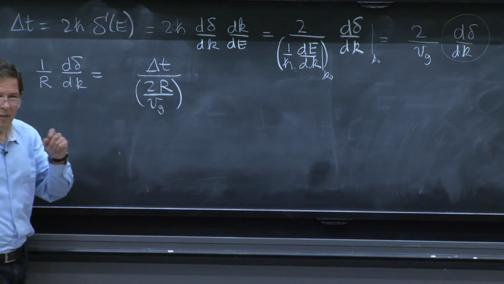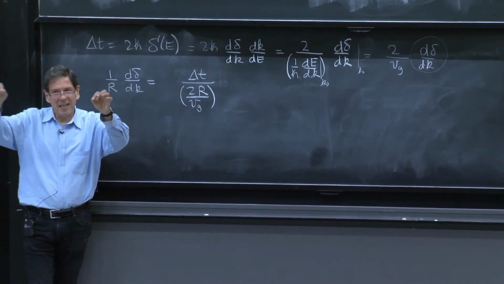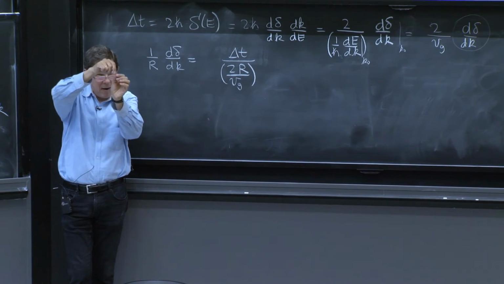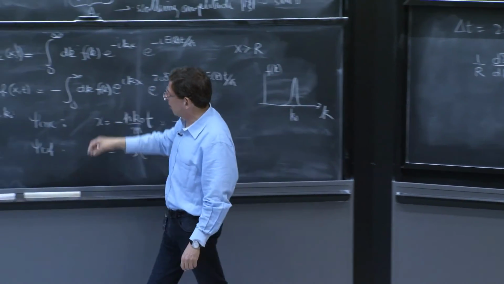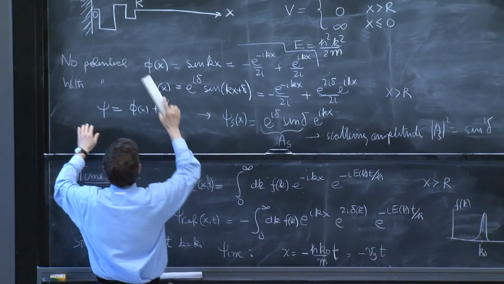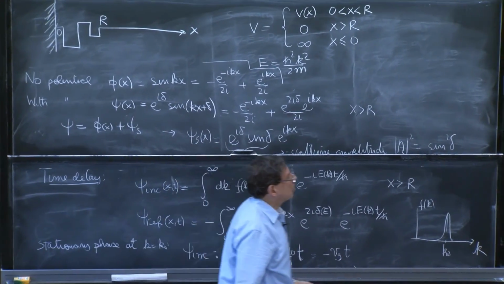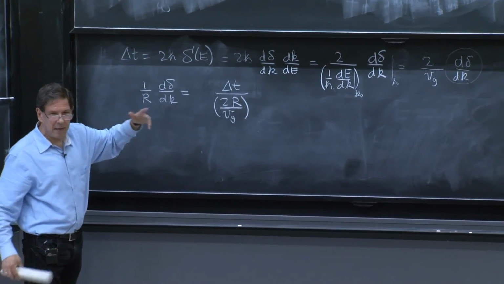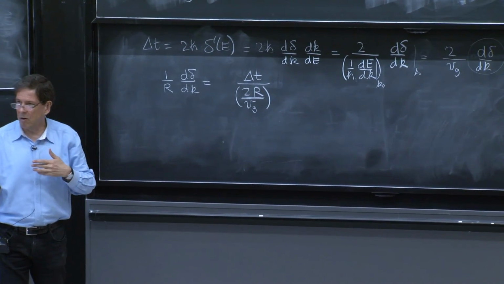But you now have divided it by 2r divided by the velocity, which is the time it takes the particle with the group velocity to travel back and forth in the finite range potential. So that gives you an idea. If you compute the time delay, again, it will have units of microseconds, and you may not know if that's little or much.